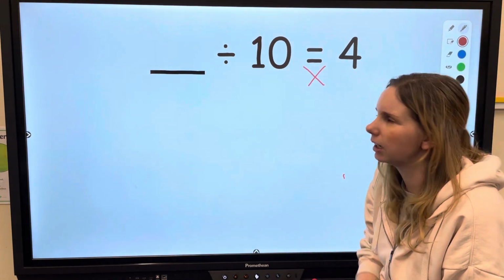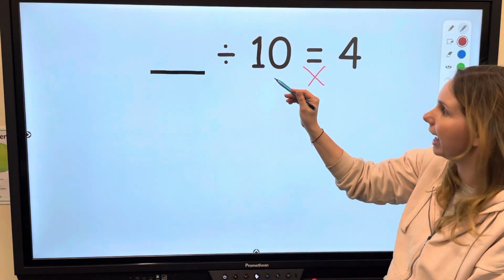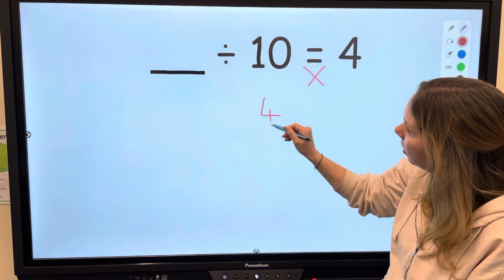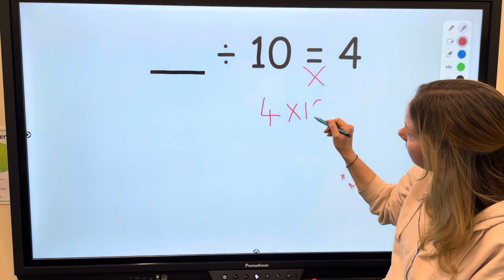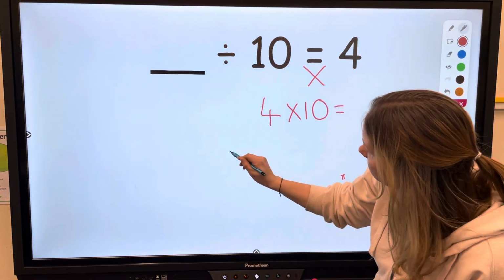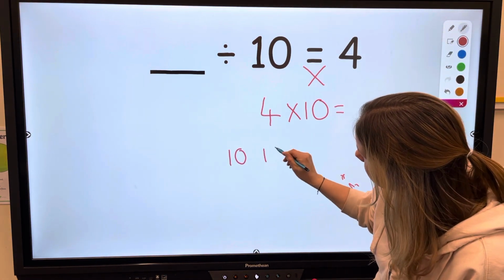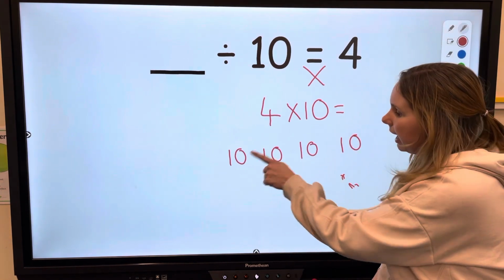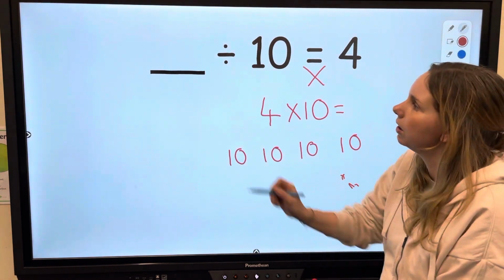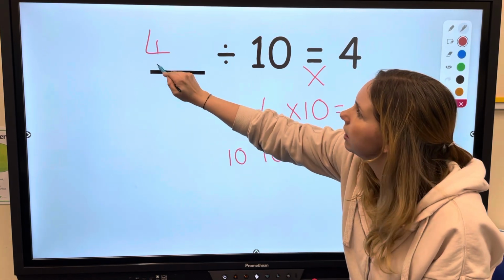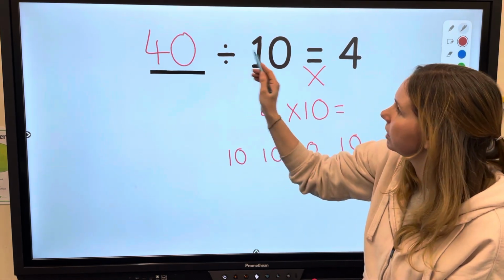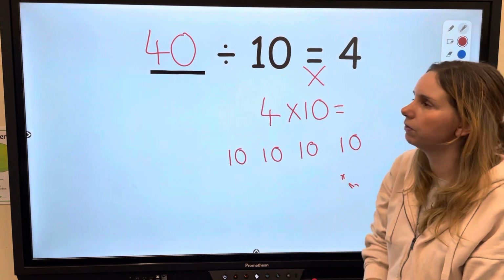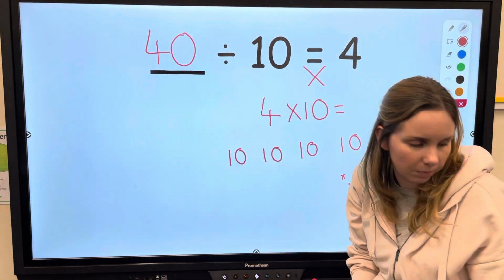Ooh, I can't count in 4s, but I can count in 10s. So I'm going to say 4 lots of 10 equals, and I'm going to write 10. 10, there's 2 10s, 3 10s, 4 10s, 10, 20, 30, 40. 40 shared into 10 groups equals 4 in each group.